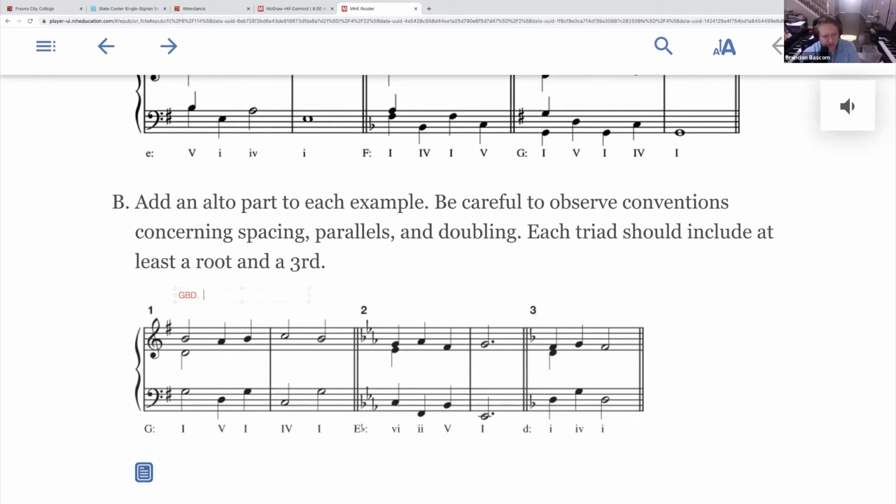GBD, going to CEG, going to GBD, going to CEG. Nope, messed up. Nobody even caught me. What? D F sharp A, going to GBD, going to CEG, going to GBD. And that concludes all of our notes for example 1.